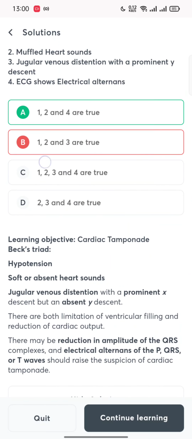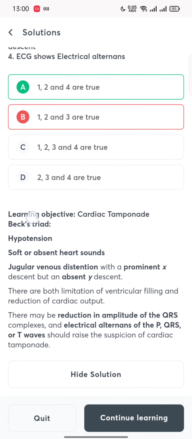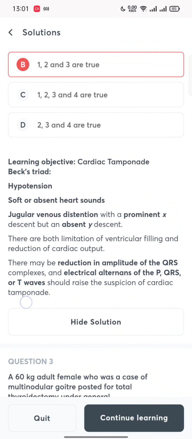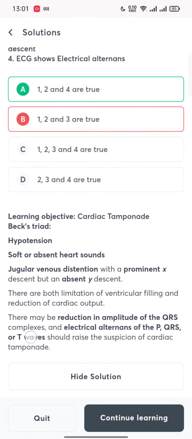So 1 and 2 are correct, but let's see about 4. There is both limitation of ventricular filling and reduction of cardiac output. There may be reduction in amplitude of the QRS complex, and electrical alternans of P, QRS or T waves should raise the suspicion of cardiac tamponade.